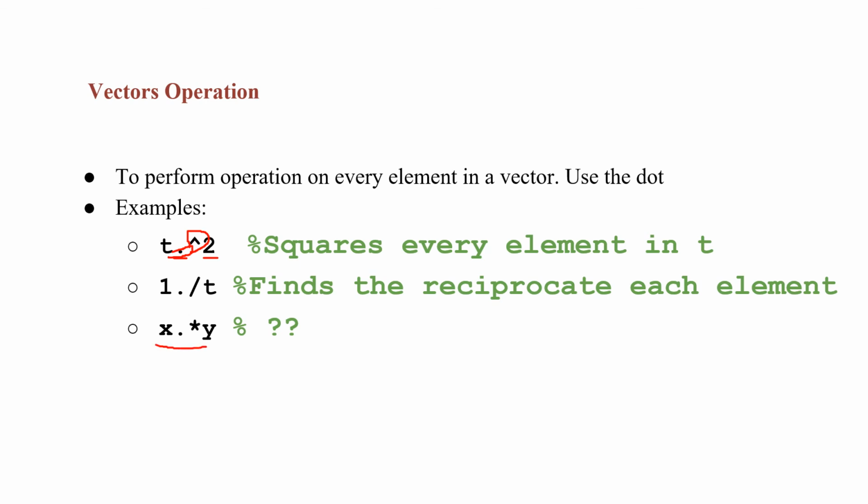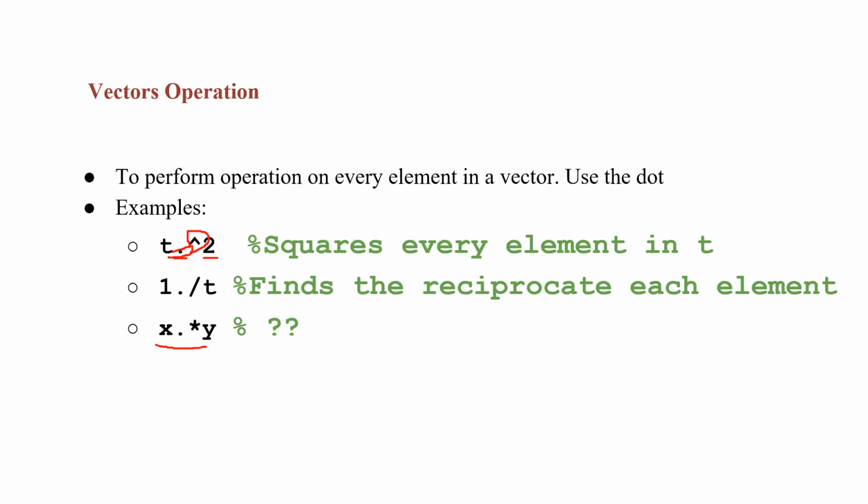Here we have two vectors, and we're not really multiplying them together. We're multiplying each element in x with its corresponding element in y, meaning x and y must have the same size, and the output of this command will give me an array of the same size as x or y, because they're equal, and each element is one element from x multiplied by its corresponding element in y.